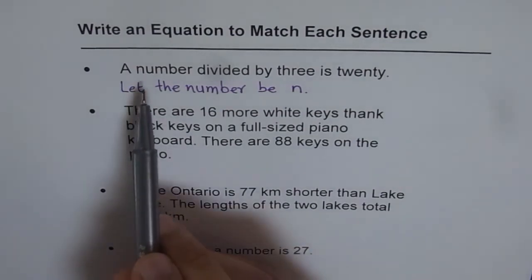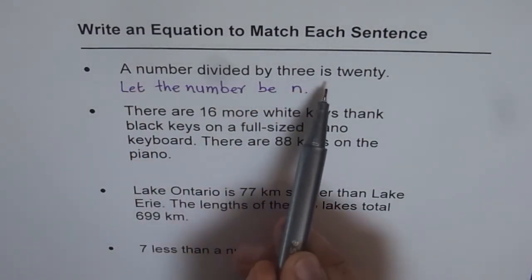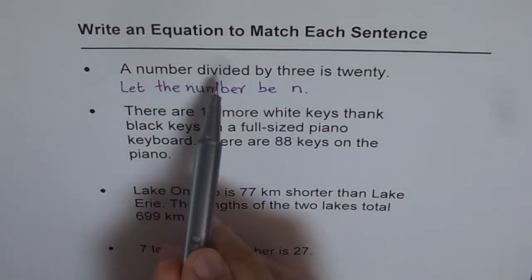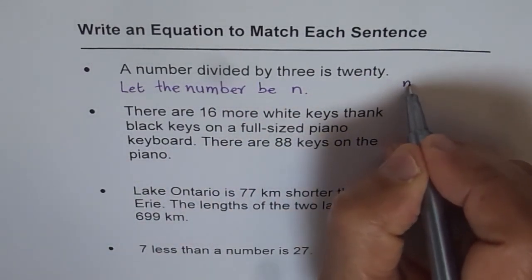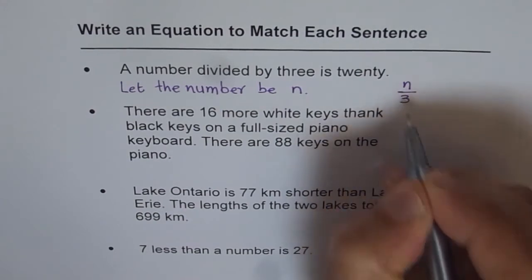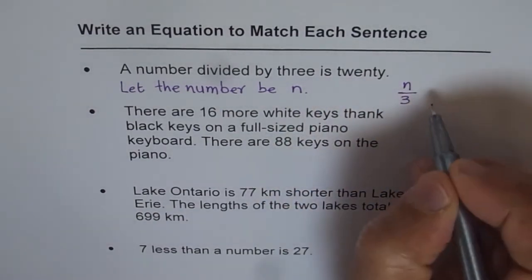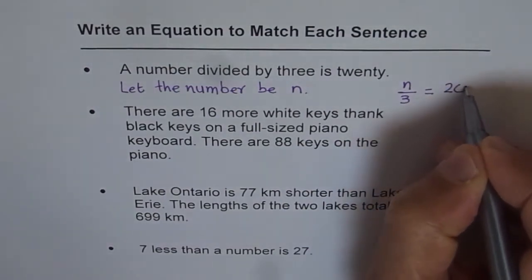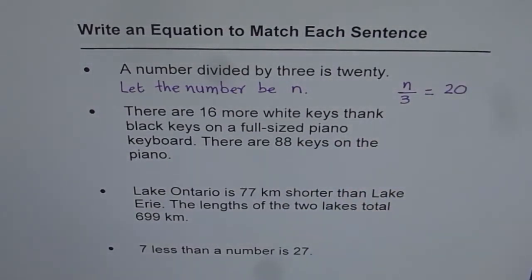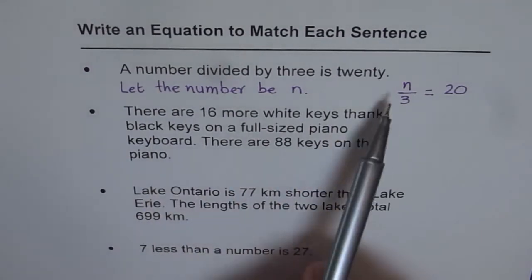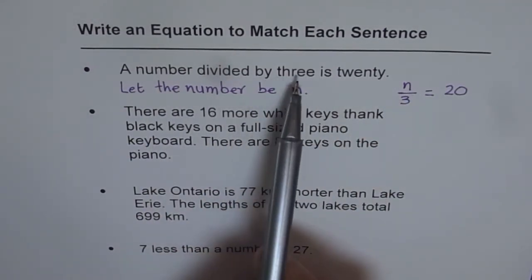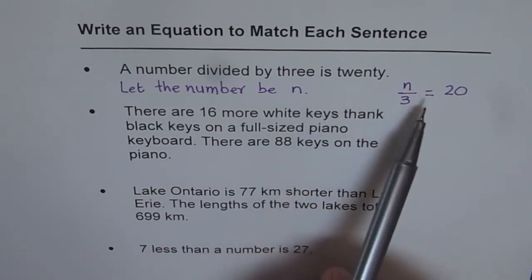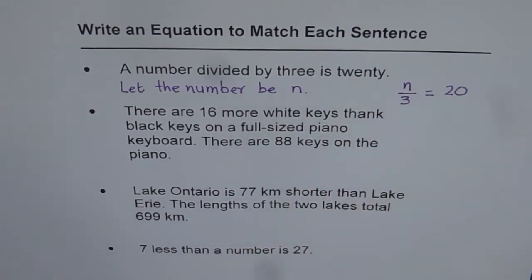If n is your number, then n divided by 3 equals 20. That's your answer, correct? You can read it: number n divided by 3 is equal to 20.